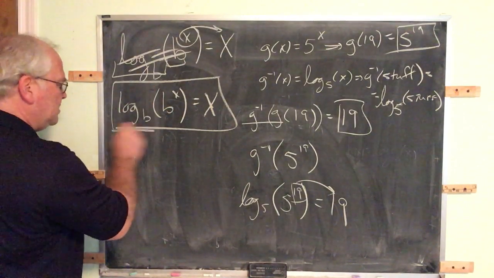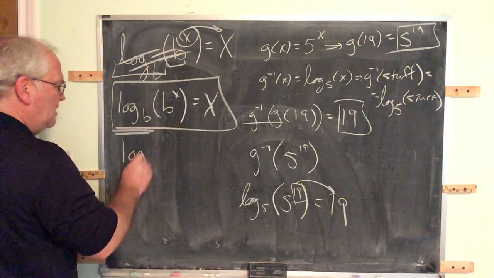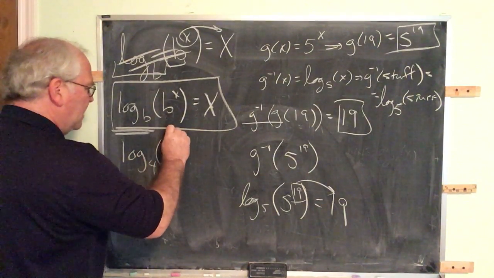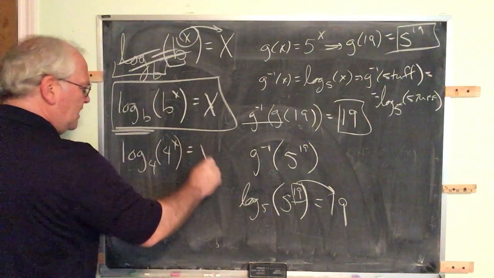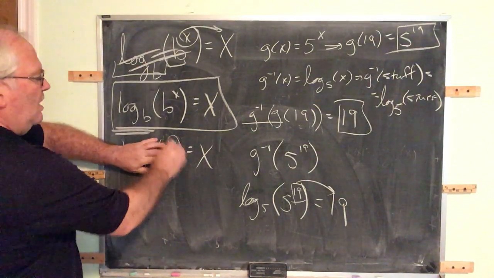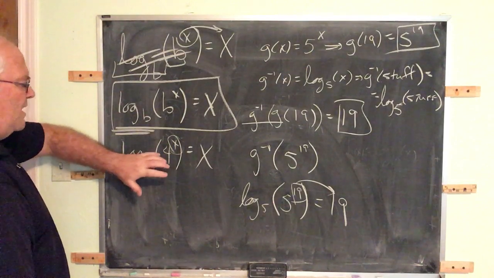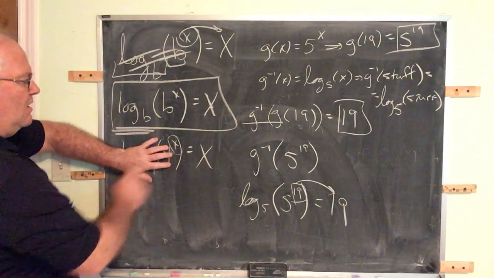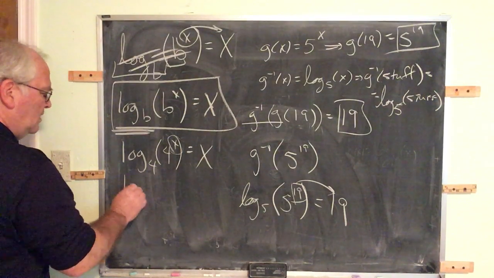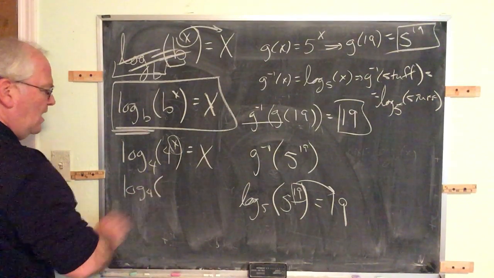So let's do a specific case. Log base 4 of 4 to the x is equal to x, because logarithm and exponential cancel out, and you're left with just the argument.